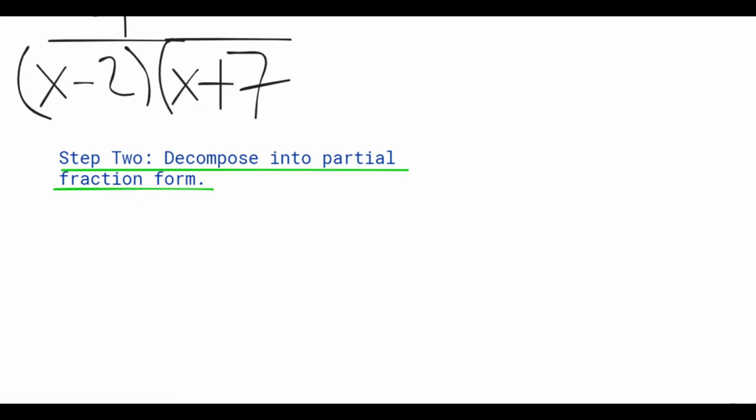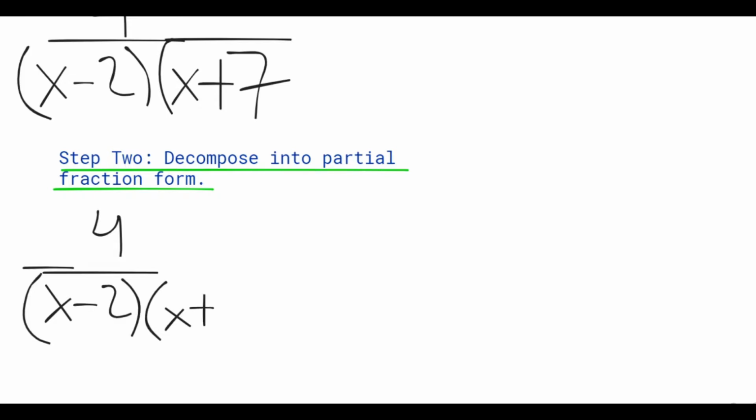Here we have 4 divided by (x minus 2) multiplied by (x plus 7). And I forgot the parentheses over here.